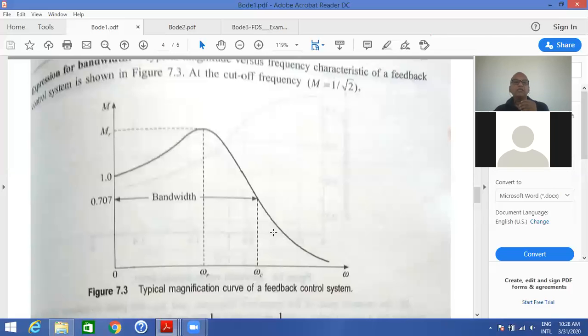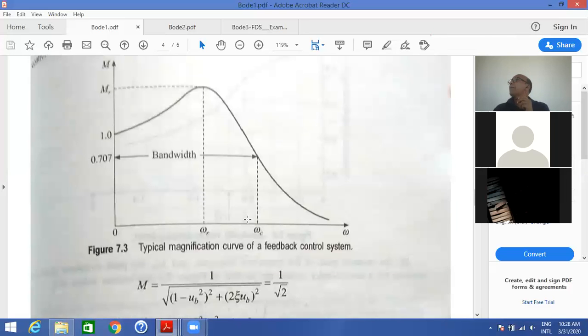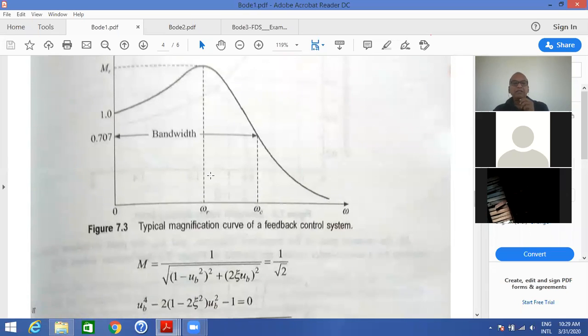If you observe the magnitude plot against frequency, the range of frequencies over which the magnitude is equal to or greater than 0.707 is known as the bandwidth. This bandwidth is compared with the magnitude being equal to or greater than 1 upon root 2.